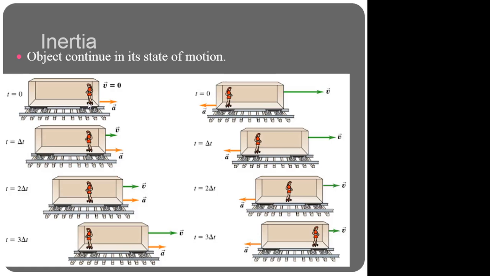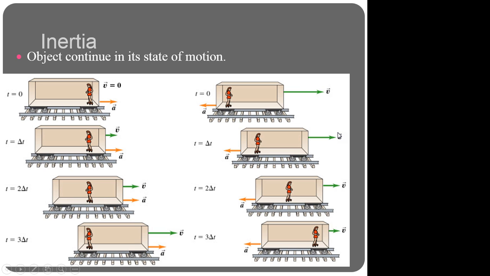Other possible situation, right? The train is moving at a certain speed. The girl has already hit the back of the train, and she turned around, and now the train starts to slow, right? So from a fast velocity, the train becomes a slower velocity. The girl, having the initial large velocity, will continue moving, right?